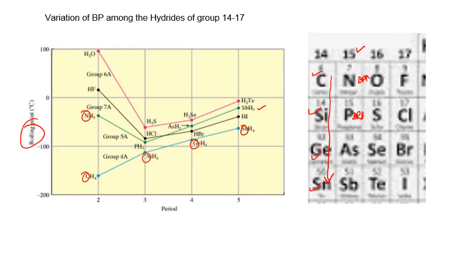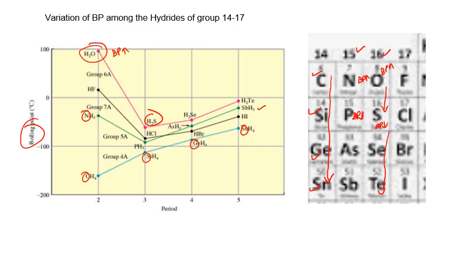Now in the case of the 16th group, a similar trend we can see. For water, it is a very high boiling point, and then it goes down when it goes to sulfur. Very low compared to water, where the boiling point is very high. And then it is gradually increasing when going down in the group.